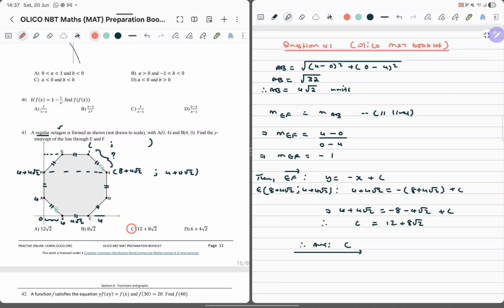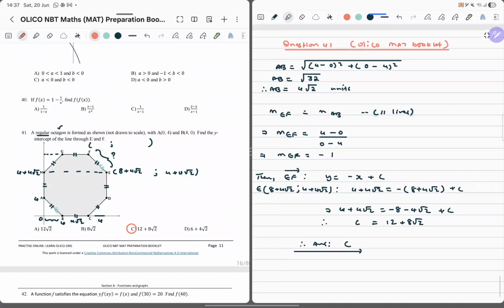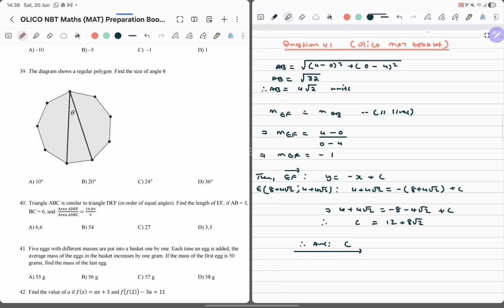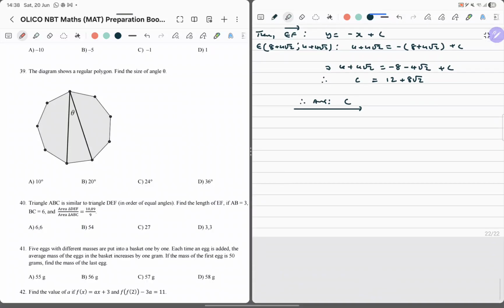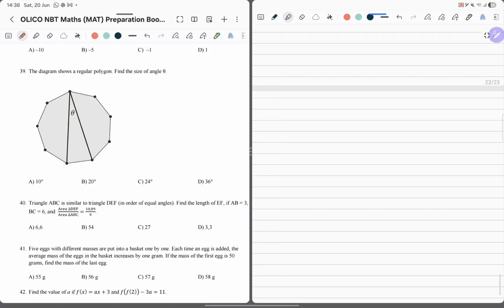Okay, folks, that is the question that I needed us to have a look at. So the second question I want us to explore is question 39. This is question 39, again on our Olico.